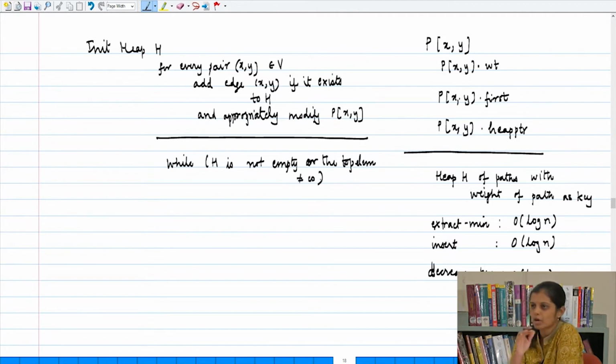As soon as the top element has become infinity, there is nothing to do because there are no more paths to process, so we can stop. Remember that between every pair there need not be a path. So initially our distance estimate should be initialized to infinity, and we are going to refine them as we go along. The first step is to remove the top path.